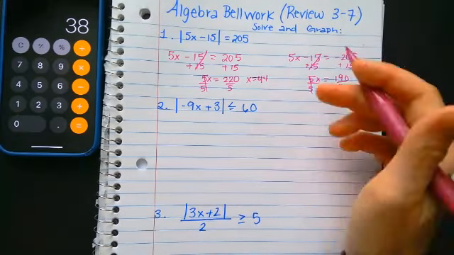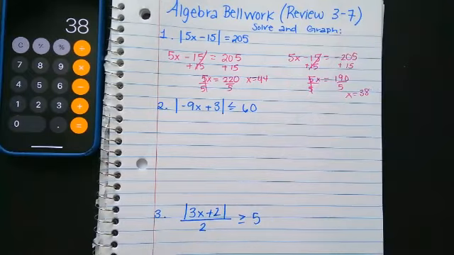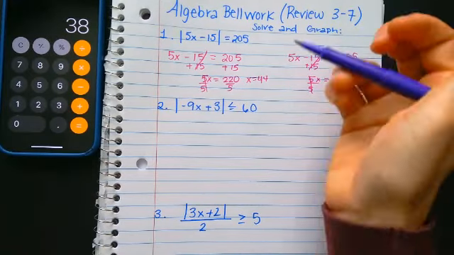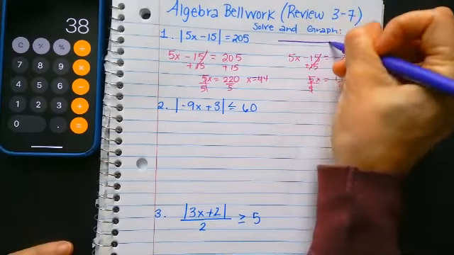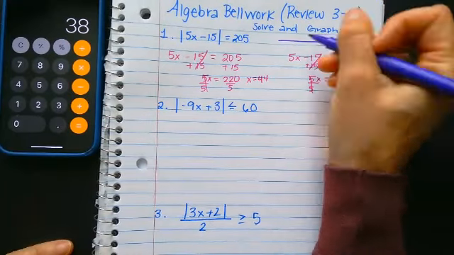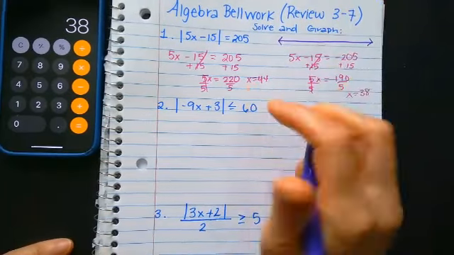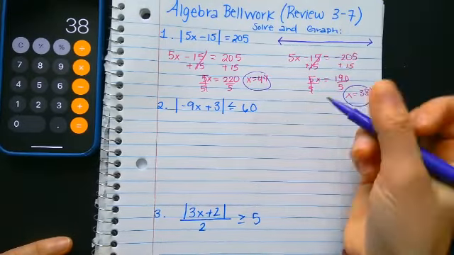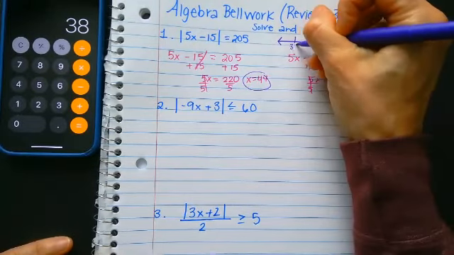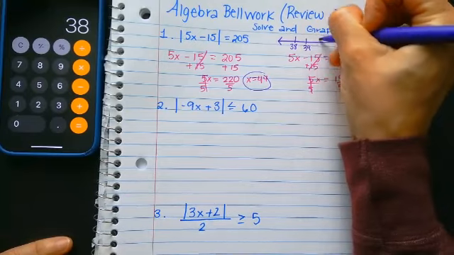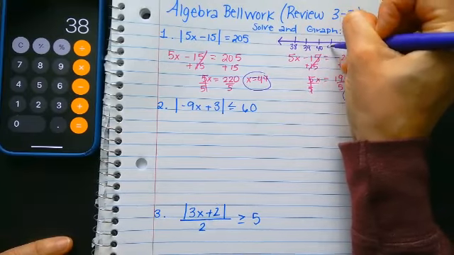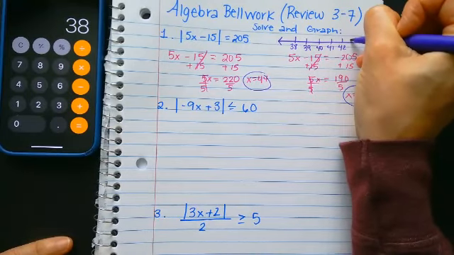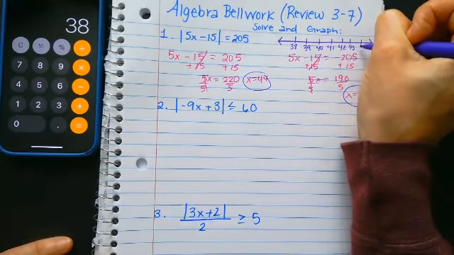Okay, and so the thing is, we don't want to leave our answer that way. So also we're asked to graph it, which I did not provide enough space for myself, so I'm going to put my graph up here. If you're asked to graph it and it's an equal sign, all you have to do is make sure you have your two answers on here, right? So we need a 44 and a 38. So I'm going to start here with 38, 39, 40, 41, 42, 43, 44.